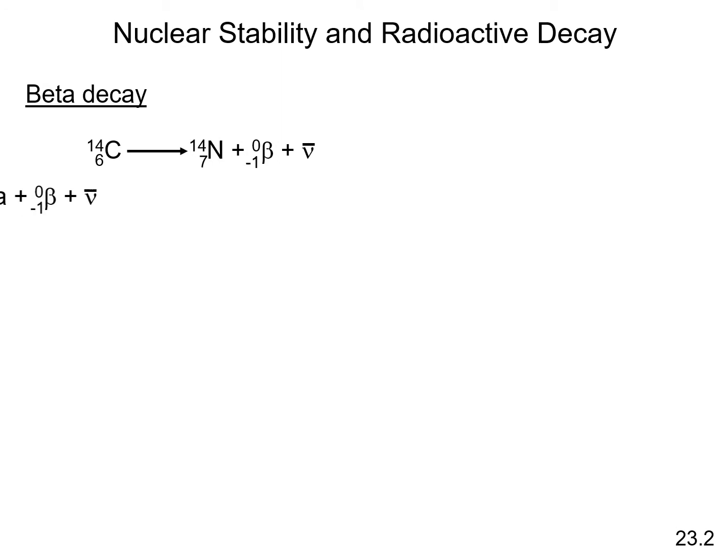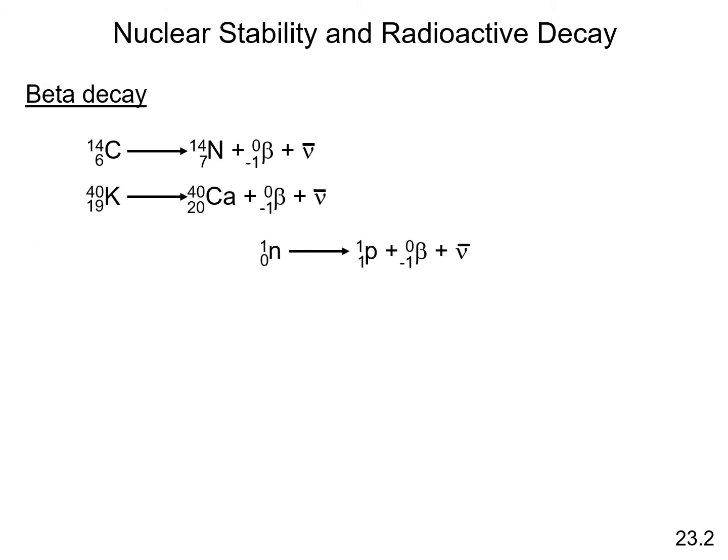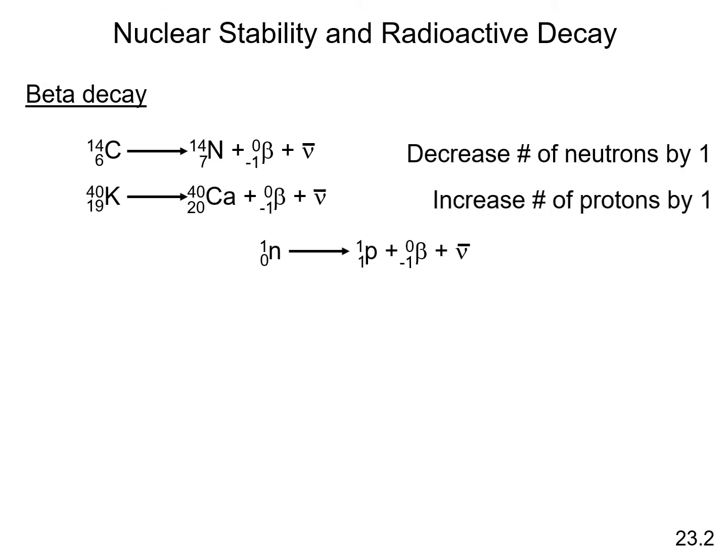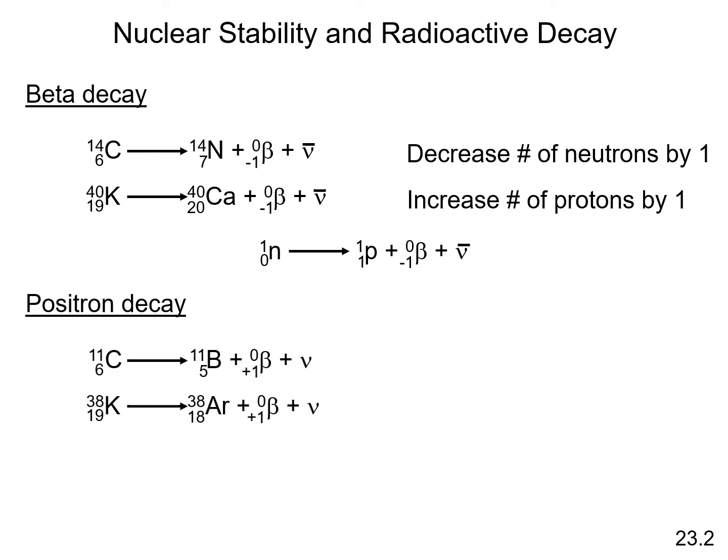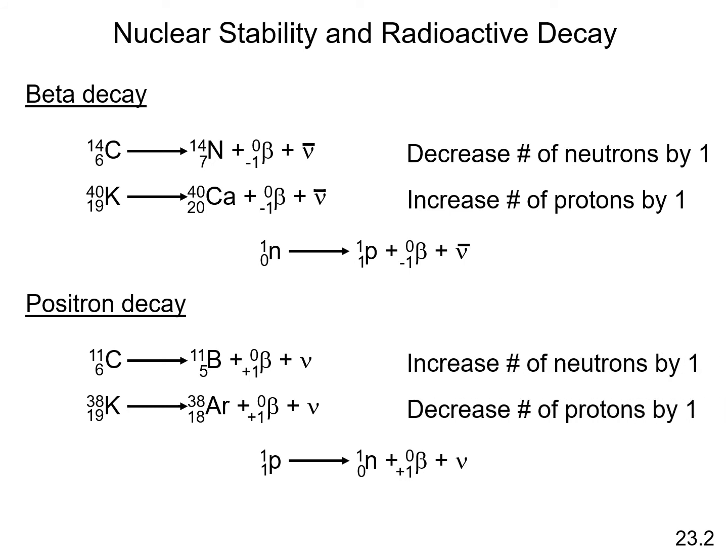So these are some of the reactions that our radioactive atom can undergo. It has something to do with nuclear stability, meaning a radioactive nucleus, or an atom that's radioactive, is unstable.